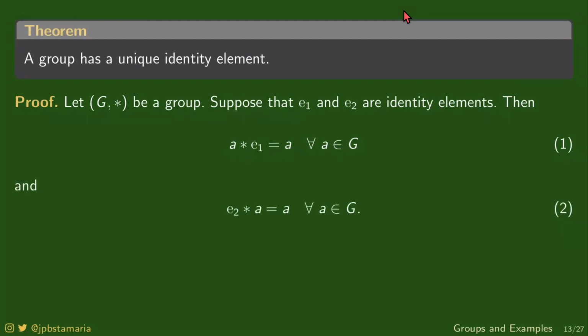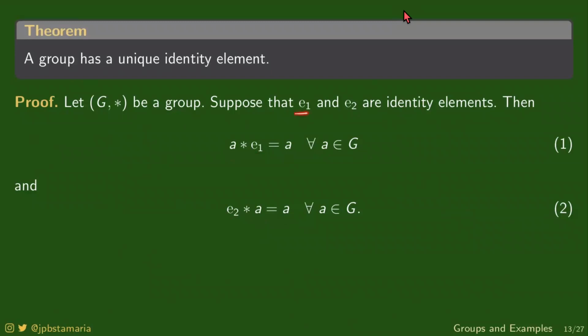Also, because E2 is also an identity element, if I multiply it to the left of anything, let's say A, it also must equal A. Alright? Now, tingnan nyo to. Itong equations na to ay nag-hold kahit na sino ang ipalit natin kay A. Kasi for all yan. Kahit sinong ipalit natin kay A, mag-hold yung dalawang equations na yan.